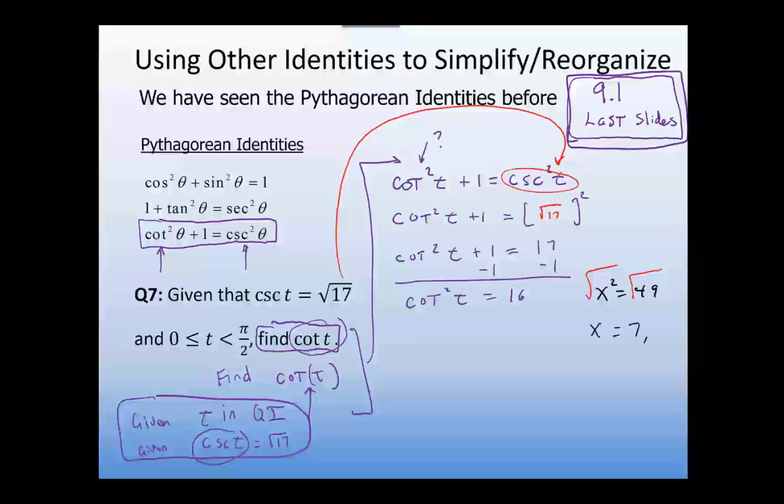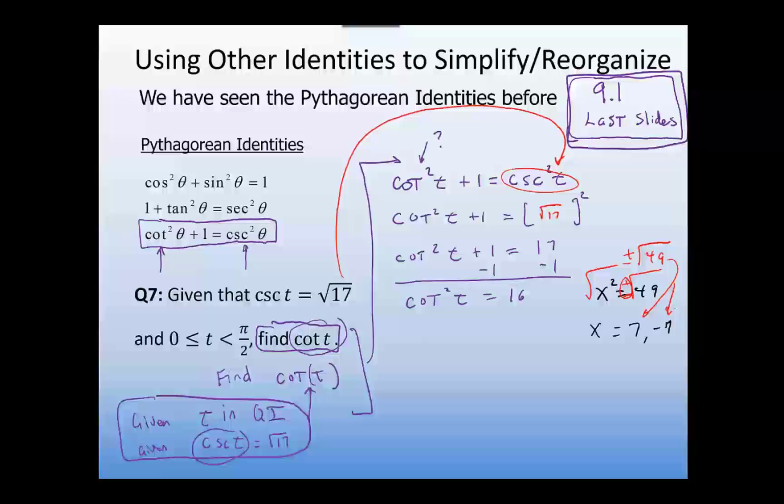But that's not the only answer. Negative 7 times negative 7 is 49, positive 49. So when we do this square root method, we have to remember to account for a positive answer and a negative answer. So we get the positive 7 and the negative 7.